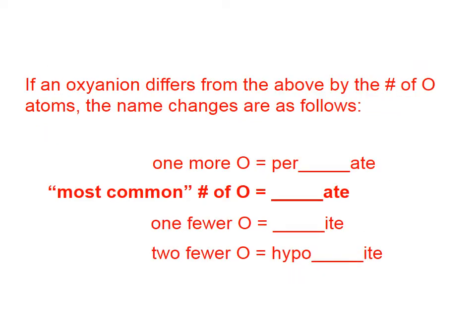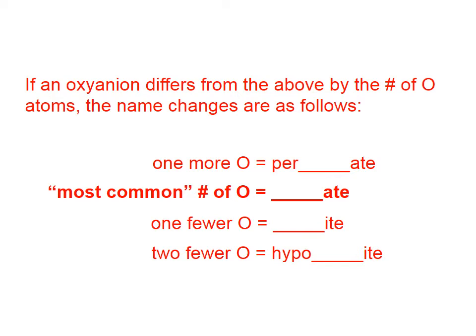If an oxyanion differs from the above by the number of oxygen atoms, the name changes are as follows. The most common name was always -ate. On the previous slide, you might remember bromate, iodate, chlorate, nitrate, sulfate, phosphate, carbonate.